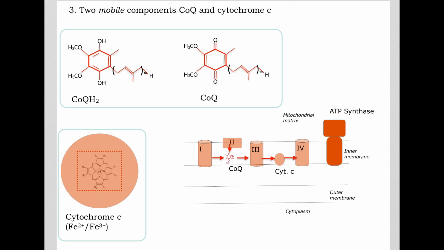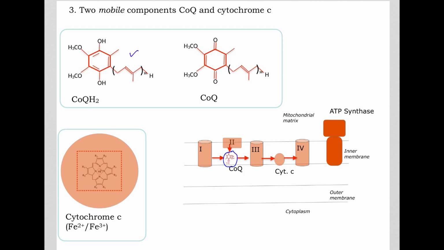Besides the 4 immobile components of the electron transport chain, complex 1, 2, 3, 4, there are 2 mobile components. One is coenzyme Q right here, and the second one is cytochrome C. Coenzyme Q is an organic chemical.